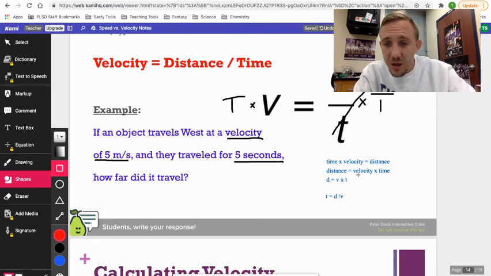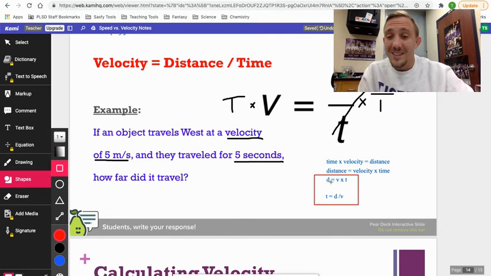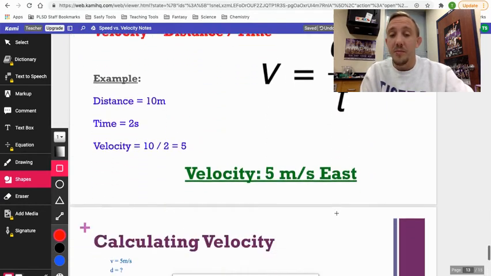I'm going to go ahead and put a box around them. If you notice, we have an equation for velocity, time, and distance. Distance equals velocity times time. Time equals distance divided by velocity. And velocity equals distance divided by time.